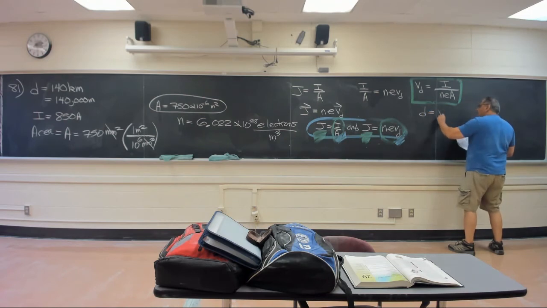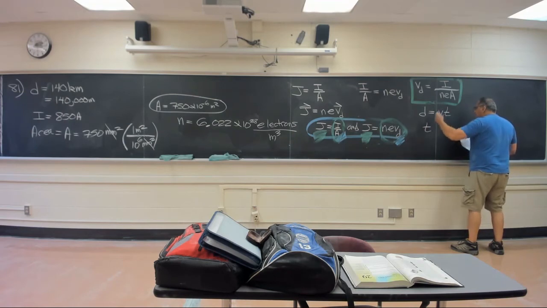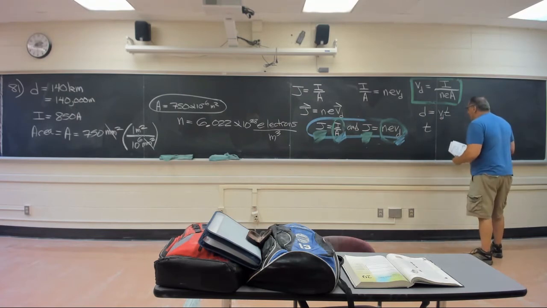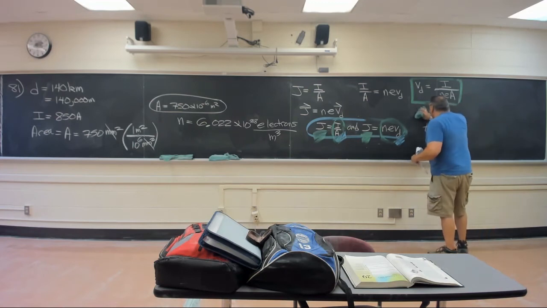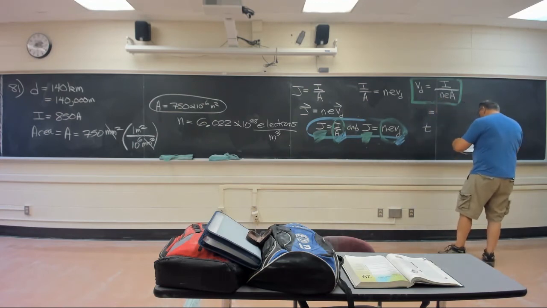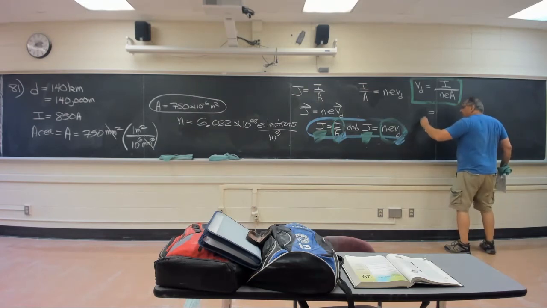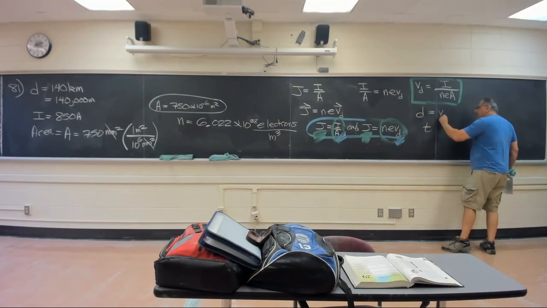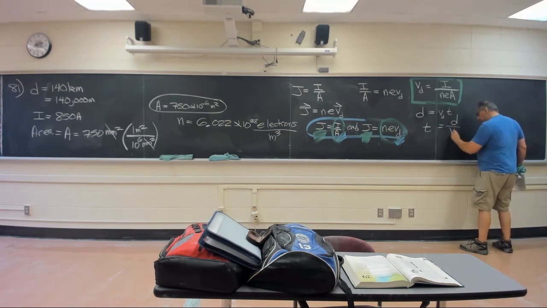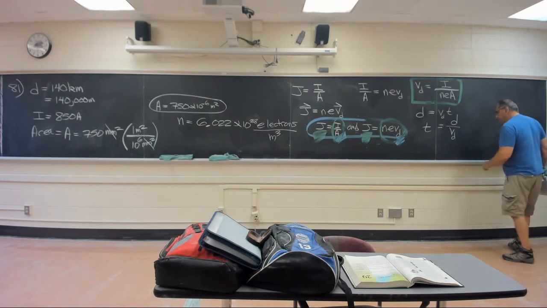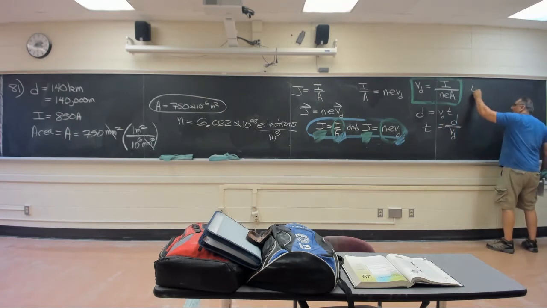Isn't distance equal to speed times time? v sub d, for drift, is the speed, and d is the distance. So t is going to be distance divided by v sub d.